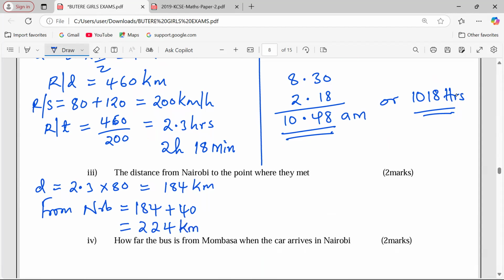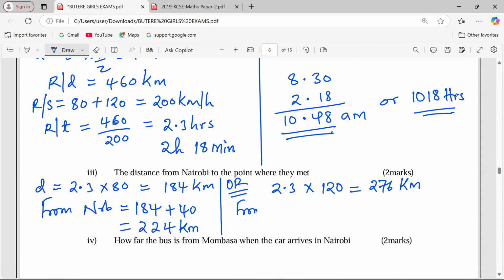Alternatively, we can still consider the car which is moving from Mombasa. When we consider the car, it shall move for 2.3 hours to meet the bus, and it's doing this at a speed of 120. So 120 times 2.3, giving us 276 km, but it's from Mombasa.